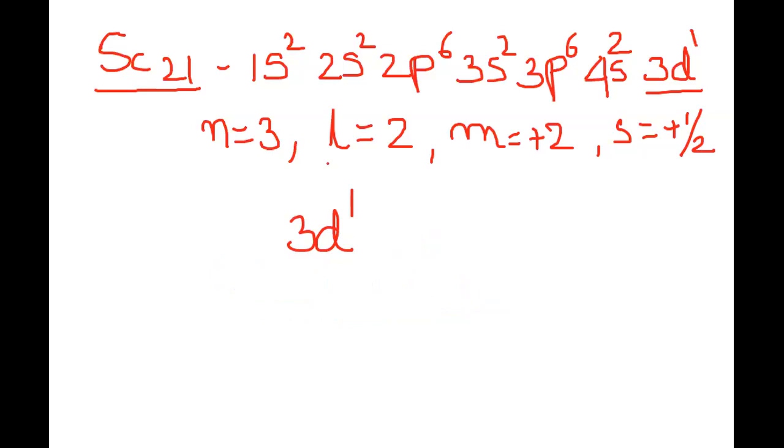And because s is plus half, it will be 1. Had it been s equal to minus half, then this would be 2. In that case, it wouldn't be 21. You would have to add another 5 electrons before it came to that.